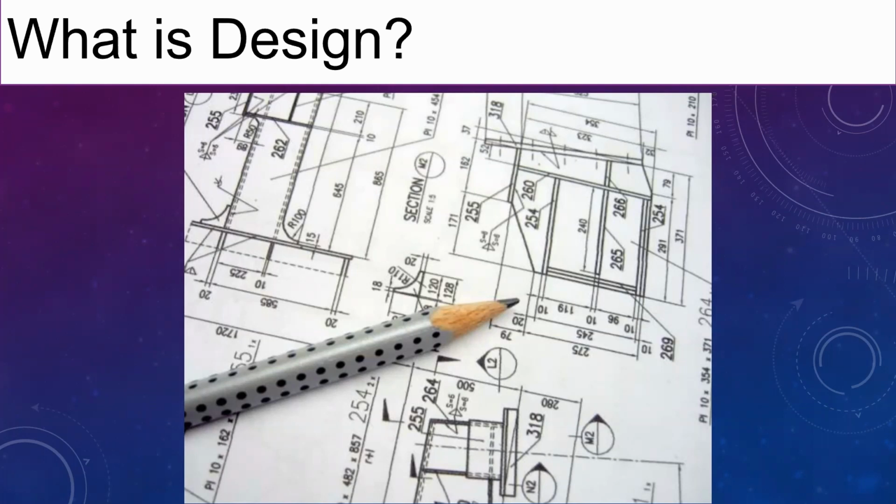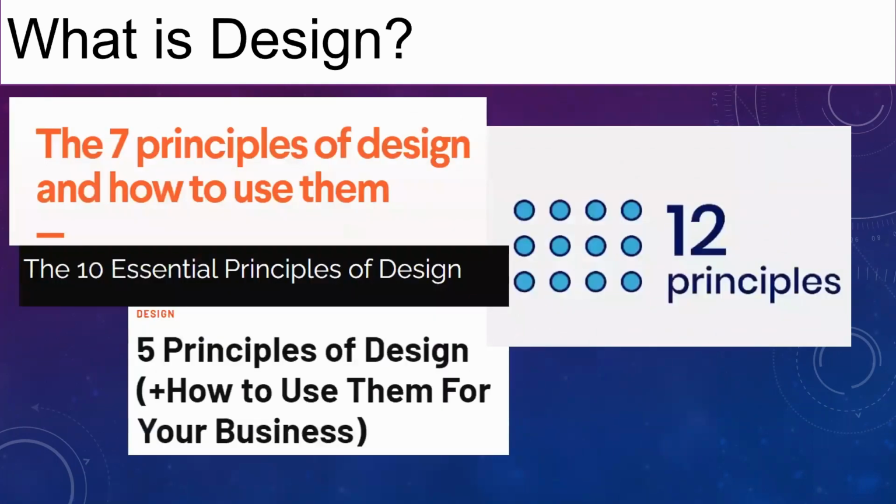Let me get back to the PowerPoint here. In prep for this talk, I did a quick Google search of what is design or what are design principles, and you get a lot of crap. This is literally the top 4 searches: 7 principles of design, 12 principles, 10 essential principles, 5 principles, numbers all over the place.